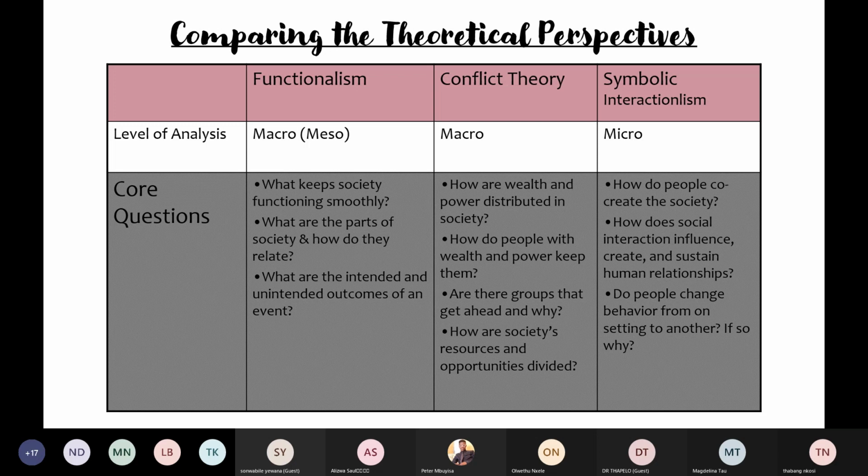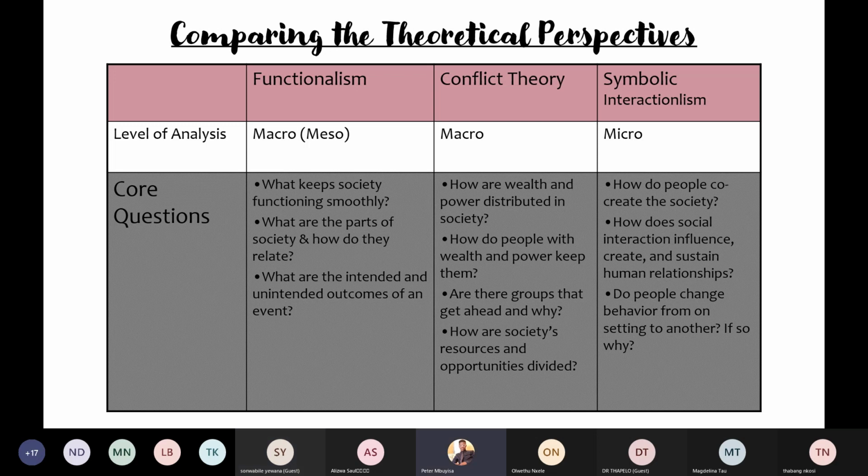Educational institution. Educational institution. Number 2? Economy. Economy. Number 3? Labor. Did someone say labor? Politics. Politics, yes, not labor.